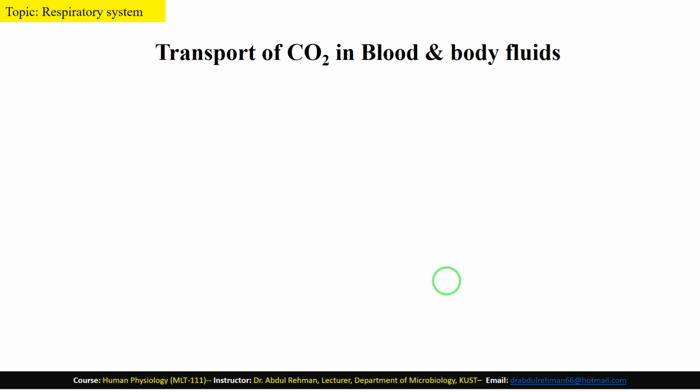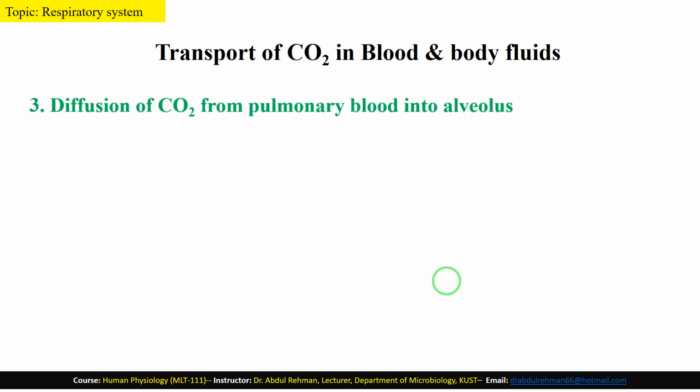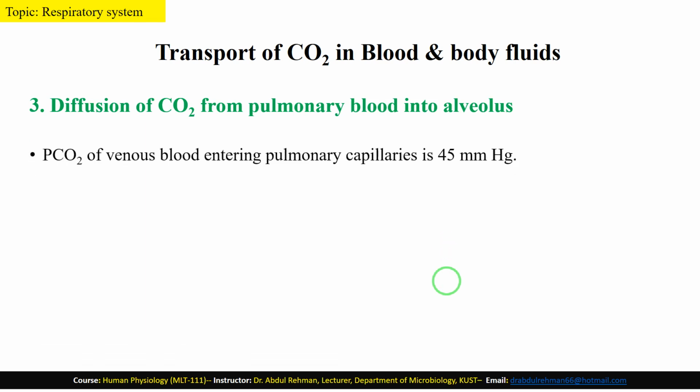The third step involved in the transport of carbon dioxide is diffusion of carbon dioxide from pulmonary blood into lung alveoli. The partial pressure of carbon dioxide in venous blood that comes from the tissues is about 45 mm Hg, while in the lung the partial pressure of carbon dioxide is 40 mm Hg.